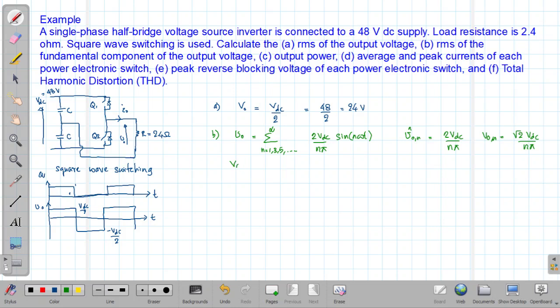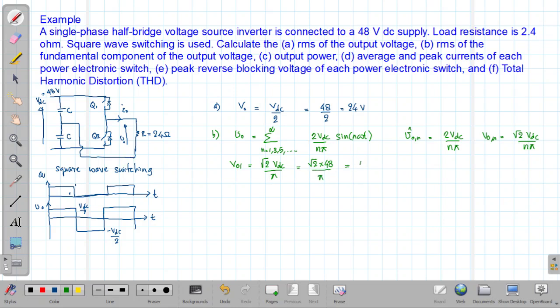Here you are asked to calculate the fundamental component RMS. So then this n is going to be equal to 1. So you have root 2 VDC over pi. You can do the calculation: root 2 into 48 divided by pi.